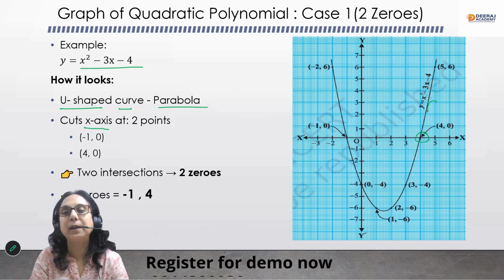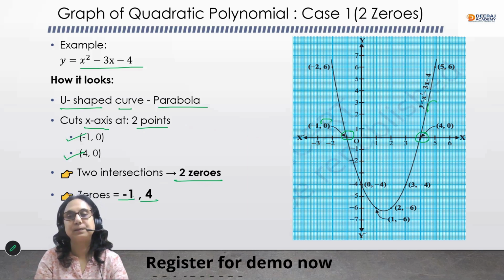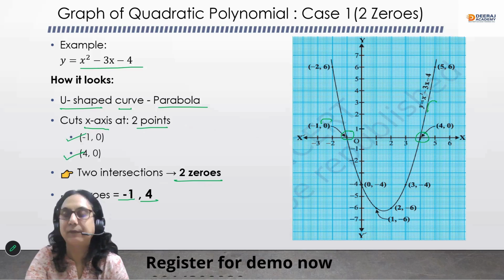This is the first point and this is the second point. As it is intersecting at 2 points, the points are (-1, 0) and (4, 0). As it has two intersections, it has two zeros, and the zeros are -1 and 4. I hope you understand properly how to find the zeros graphically.